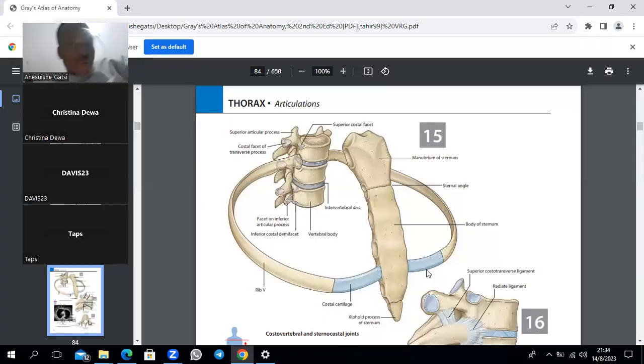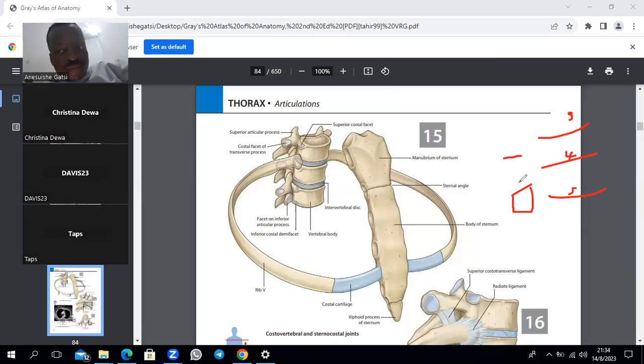Because if I draw here, this is rib number 5, this is rib number 4, this is rib number 3. So 5, 4, 3. This is T5, T4. Don't mind my bad drawings. T3.